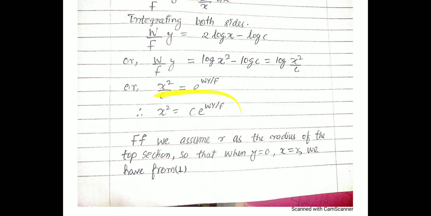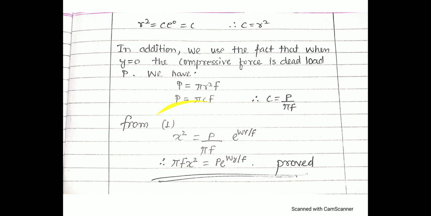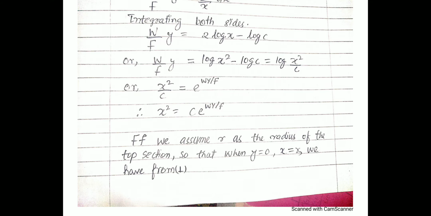So x square is equal to c times e to the power w y by f. Here we assume r is the radius of the top section, so that when y is equal to 0, x becomes r.